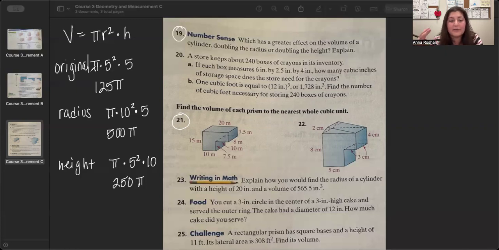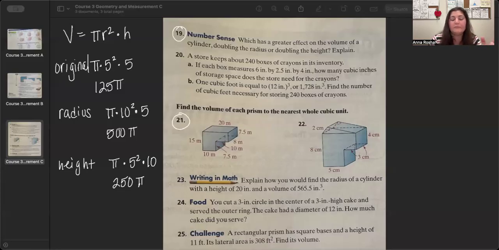In order for me to explain why something has a greater effect on the volume of the cylinder, whether it's doubling the radius or doubling the height, I need to actually show you with numbers, because showing somebody something is a little bit easier to comprehend than just telling them, okay?